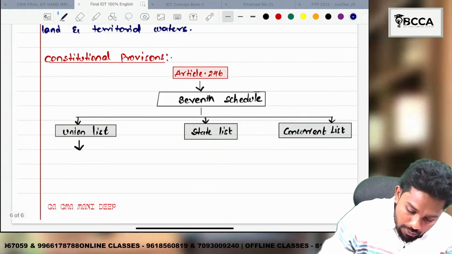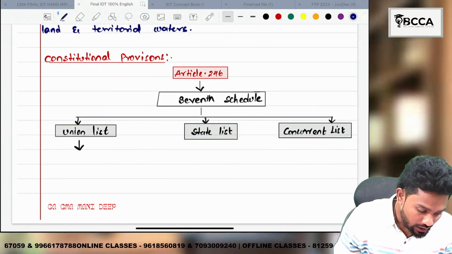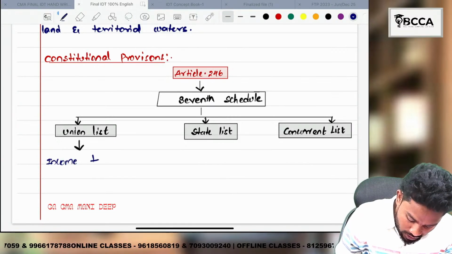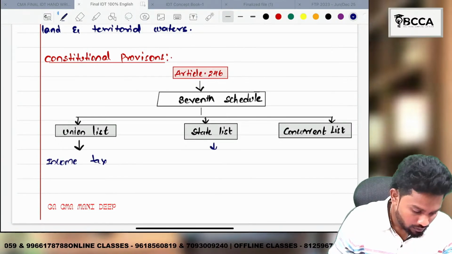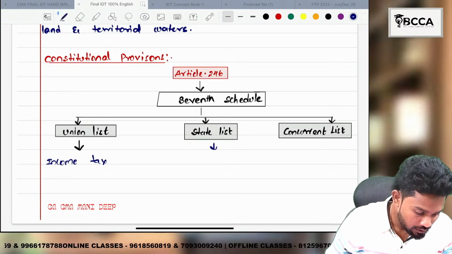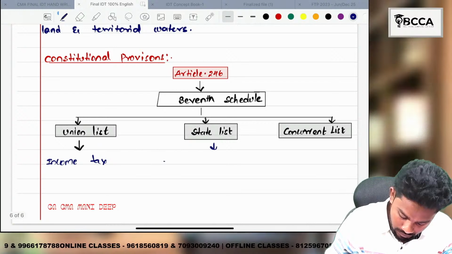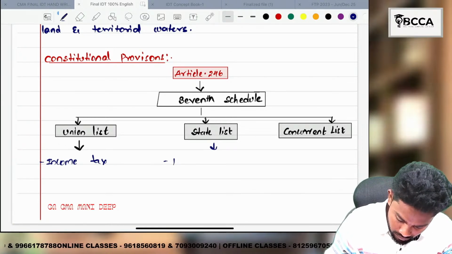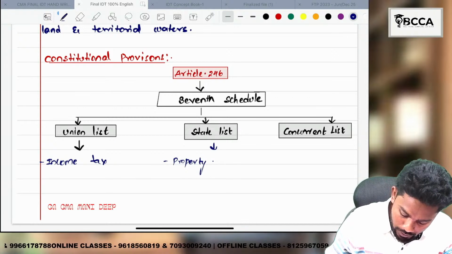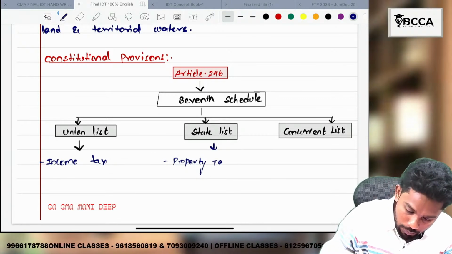An example for the union list would be income tax. Sir, all these you will know. These are basic things only. For the state list, property taxes. Sorry, not property taxes.